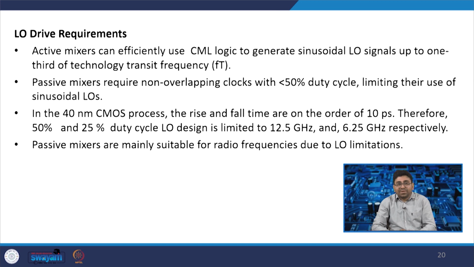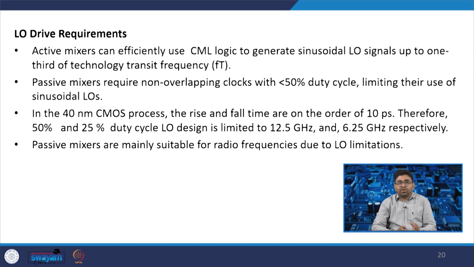For the passive mixer that we have discussed, the main requirement is a non-overlapping clock with less than 50% duty cycle. Ideally, it is a 25% duty cycle. This limits the use of sinusoidal LOs. In a 40 nanometer CMOS process, the rise and fall times are on the order of 10 picoseconds.